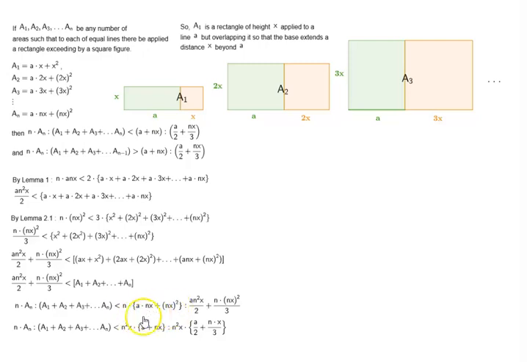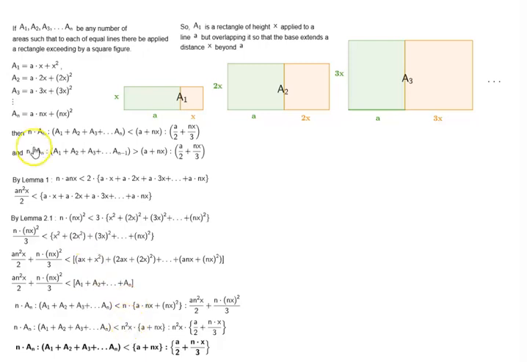So we take 1 n and x out so that we have n square x times a plus nx. Now here both the antecedent and the consequent have n square x, which means we can cancel them out, so that we end up with n times an is to the sum of all the areas is less than a plus nx is to a by 2 plus nx by 3.